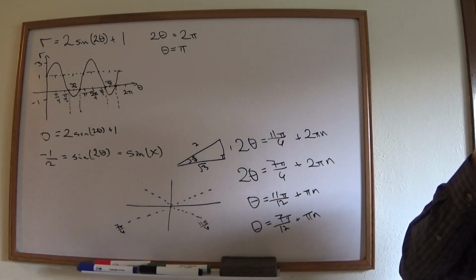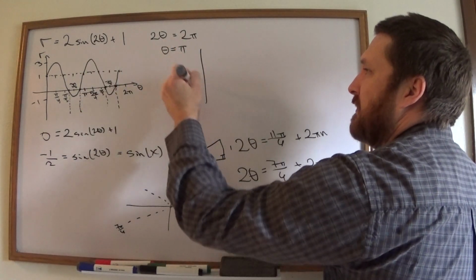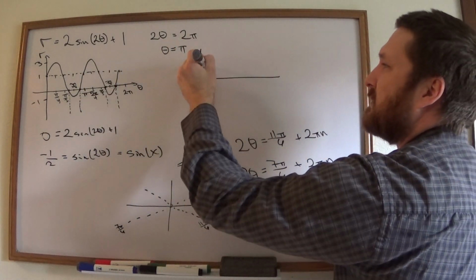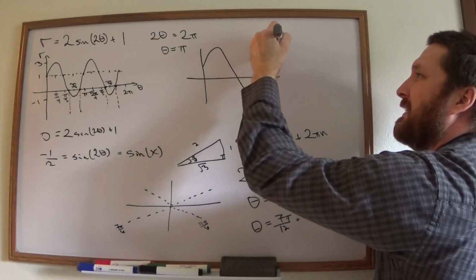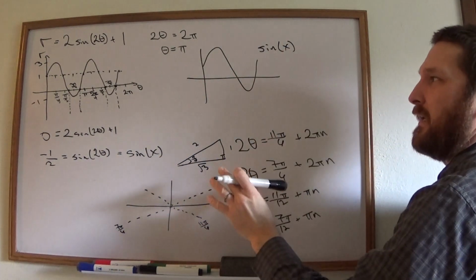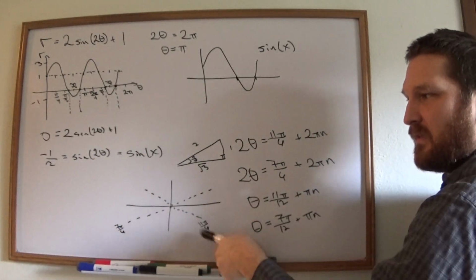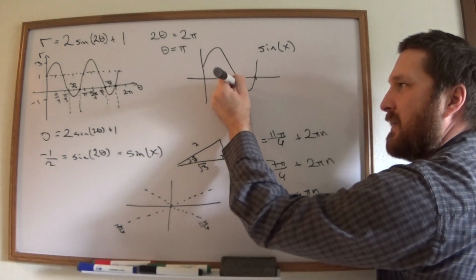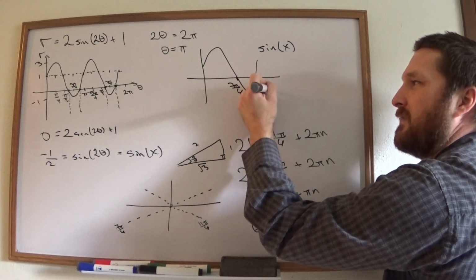Anyway, that's one way you could do it. Another way is to think, well, hold on. Back when this was just regular old sine x, if this were sine x and not sine 2 theta, these would have been those two bits that you found. This would have been 7 pi over 6, and that one would have been 11 pi over 6.